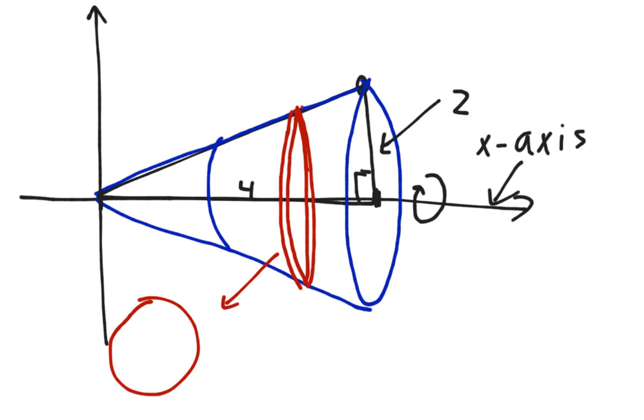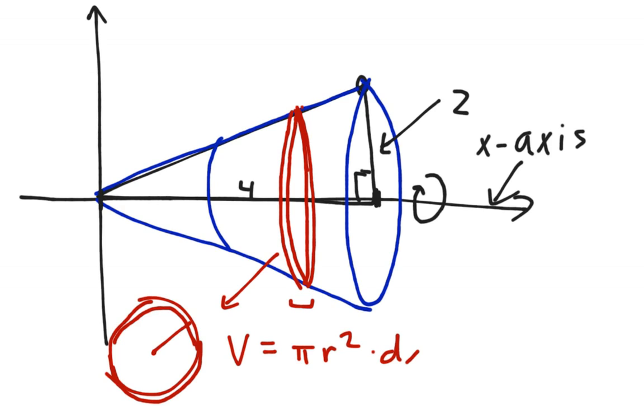That was a little too thick. Like this. So it's a three-dimensional disc, like a short fat cylinder. Now we're going to find the volume of this. Since it's a cylinder, the volume is going to be pi r squared times the height. In this case, the height is that thickness, and that's going to be our dx.